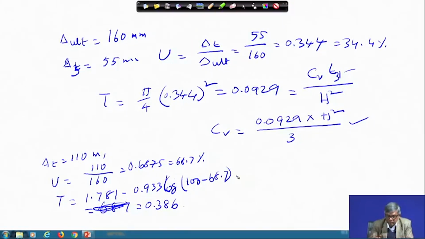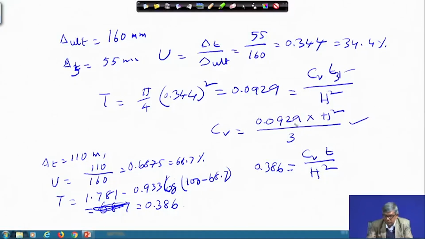Now, 0.386 will be equal to again C V T by H squared, and for both the soils, H is the same and C V is the same.